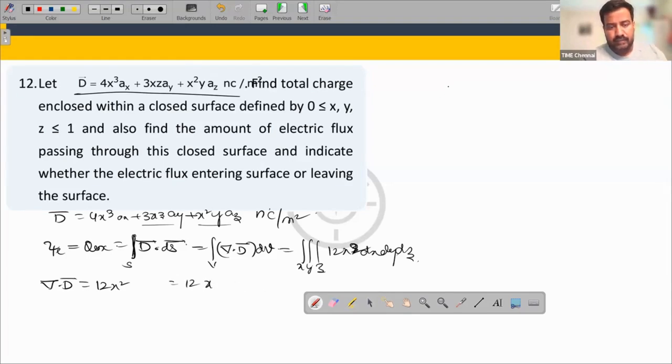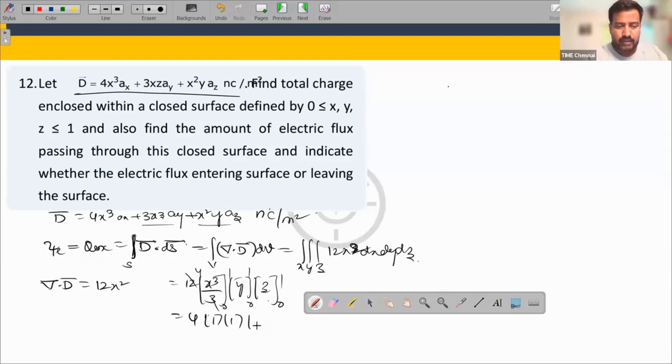This is 12 x cube by 3, integral 1 dy, y, integral 1 dz, z, limit 0 to 1. This is 4 times x cube, limit 0 to 1, that's 1 into 1 into 1. This is 4 nanocoulomb. The answer is 4 nanocoulomb.